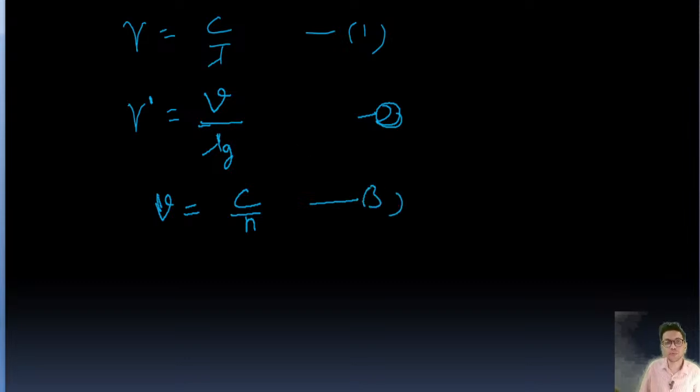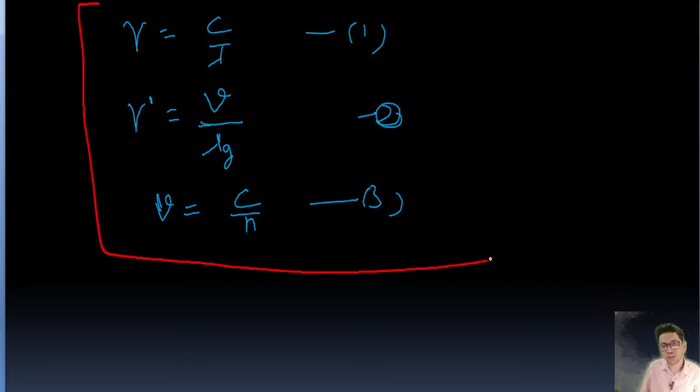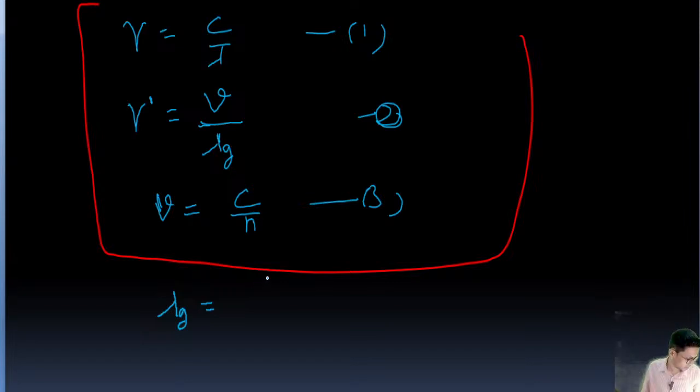So these three formulas you need to note down, guys. If you know these three formulas, you can easily solve this question. This is equation 1, this is equation 2, 3. And also we know that lambda g, the wavelength of light or beam in glass, is going to be lambda upon n.